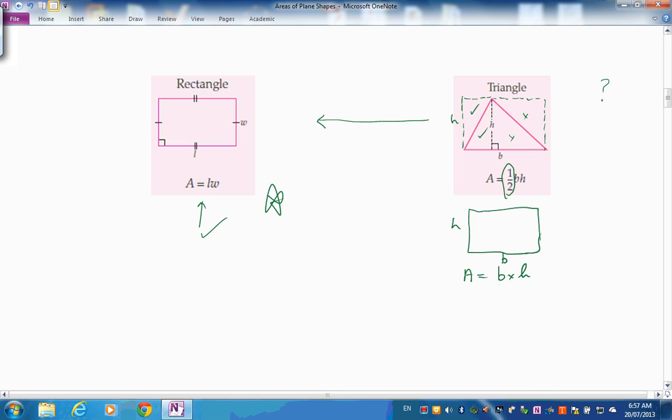And we've got to half that. So the area of the triangle is a half that, because by symmetry, this one and this one are the same, this one and this one are the same. So we've actually got the area of a triangle as a half base times height. That's the level I want you to go to. Let's go on and do some more now.